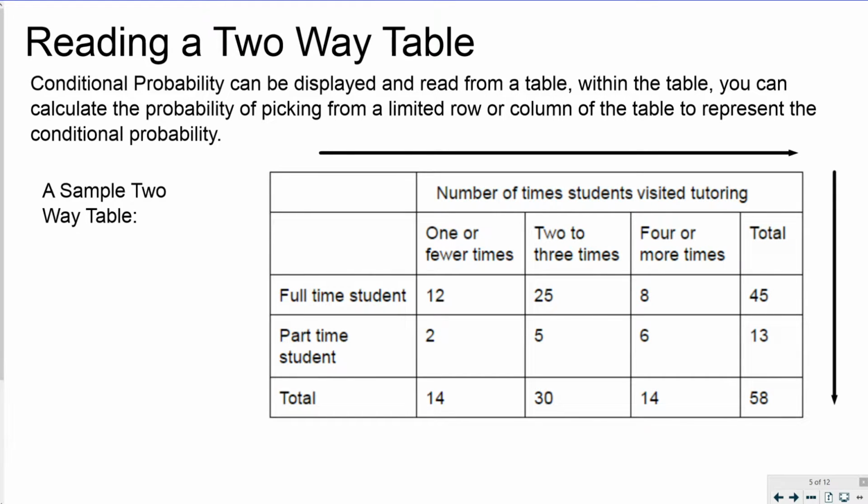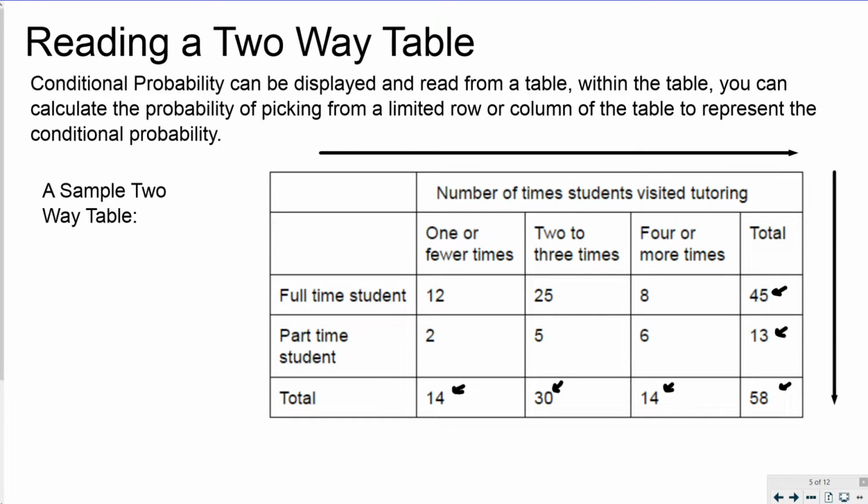In our sample, there are 58 total students. 13 of them are part-time students, 45 are full-time students. A total of 14 students went 4 or more times, 30 students went 2 to 3 times, and 14 went 1 or fewer times.